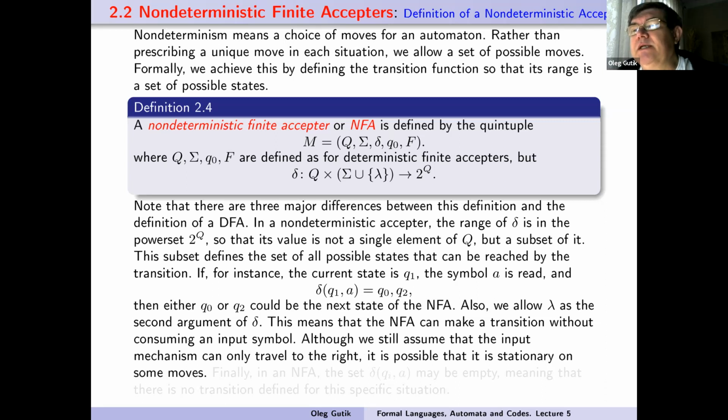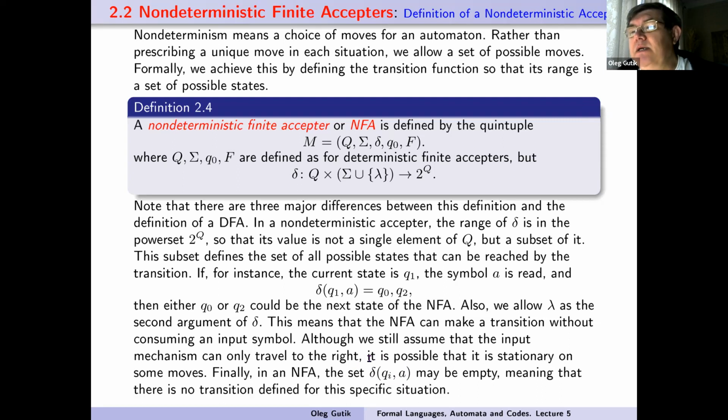It is possible that it is stationary on some moves. Finally, in a non-deterministic finite acceptor, the set which is the image of the transition function delta on Q, a may be empty, meaning that there is no transition defined for this specific situation.